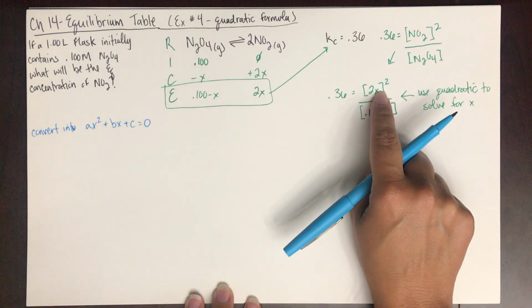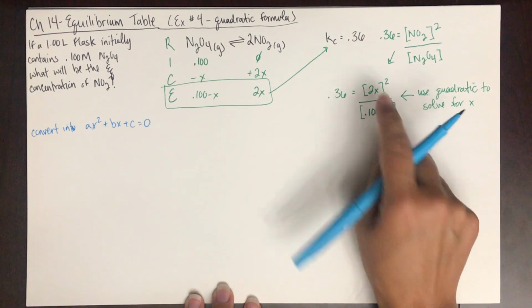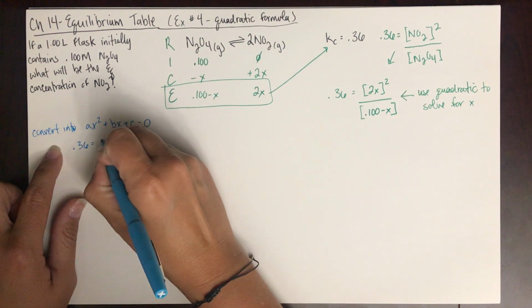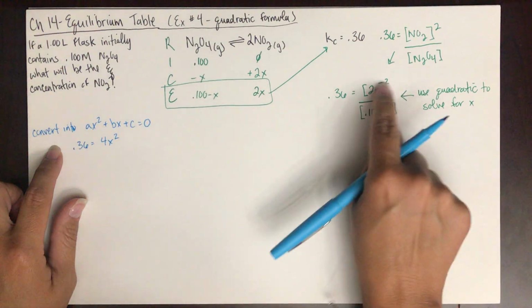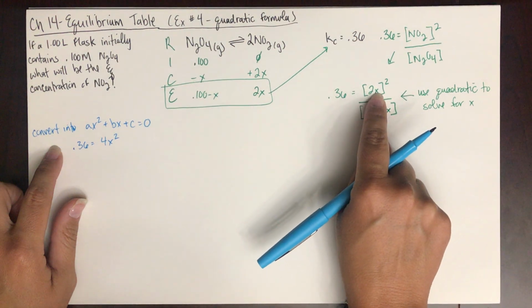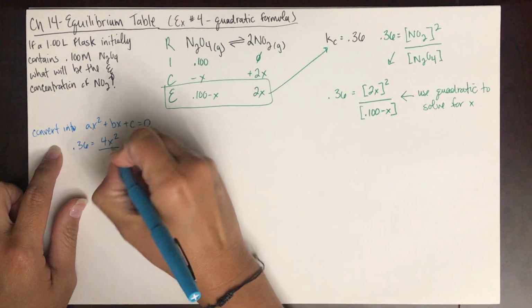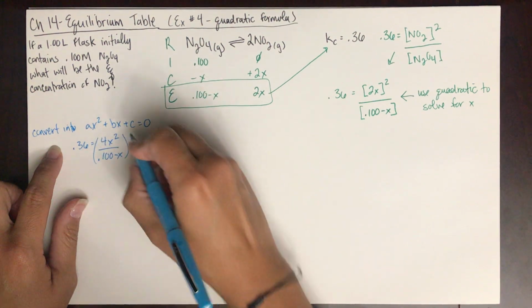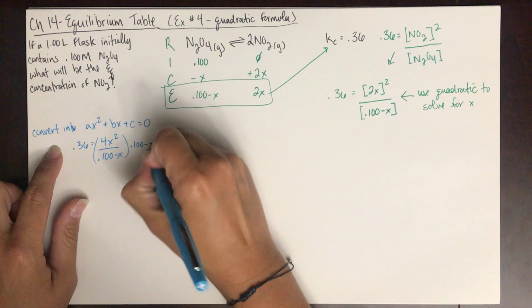So first thing I'm going to do is I'm just going to square this top part. So I'm going to get 0.36 equals 4x squared. Don't forget that you're squaring the number and the term over 0.100 minus x. I'm going to distribute this bottom part, 0.100 minus x.